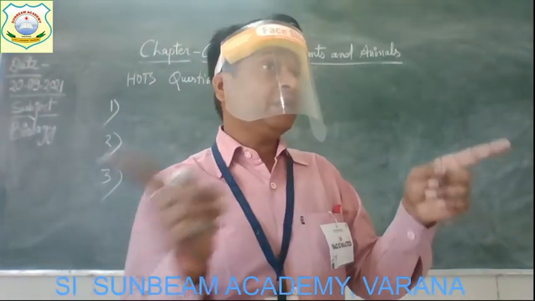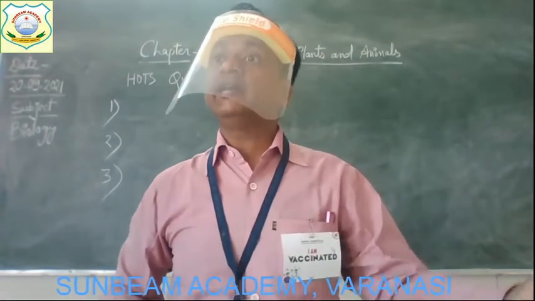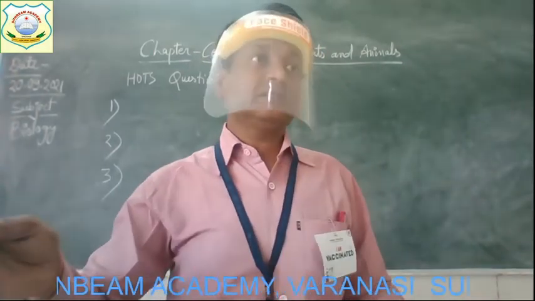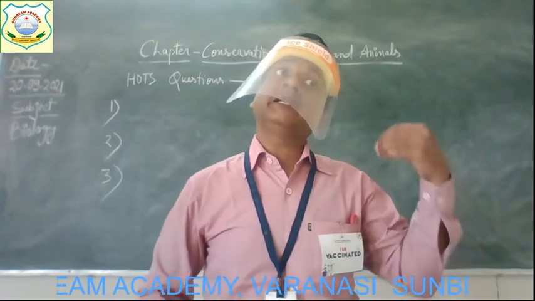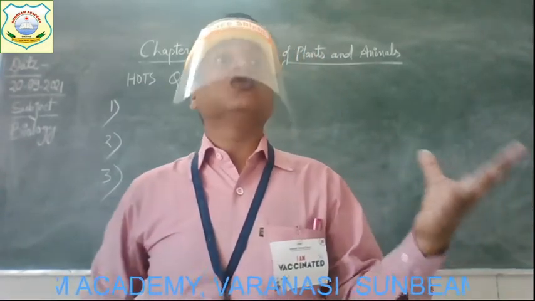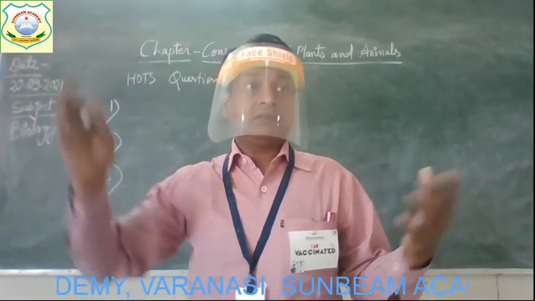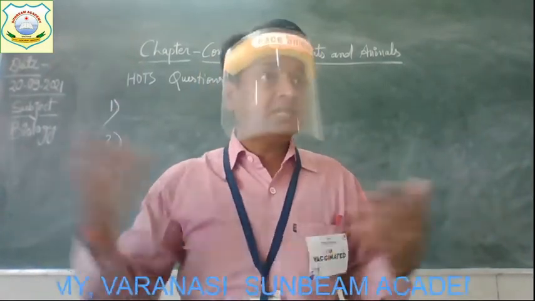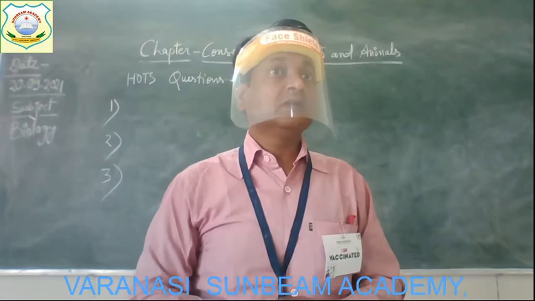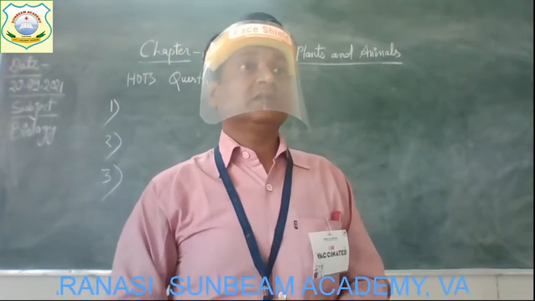But it should not be equal, as in cutting 10 trees and planting only 10 saplings. If you are going to cut 10 trees, you must plant more than that, 50, 60, about 100 saplings in place of that. Then it can be balanced, it can be maintained.